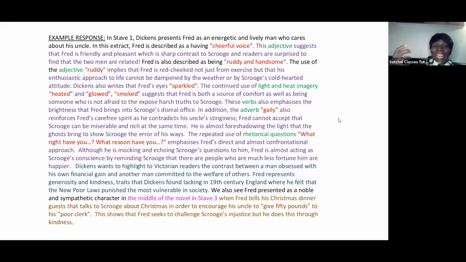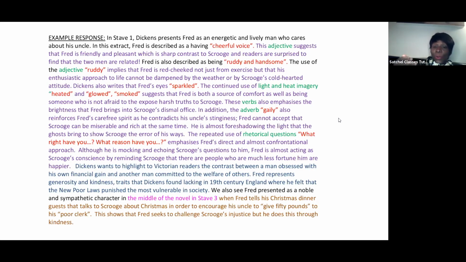The adverb gaily reinforces Fred's carefree spirit, and it contrasts with his uncle's stinginess. Fred can't accept that Scrooge can be miserable and rich at the same time. And this is almost foreshadowing the light that the ghosts bring to show Scrooge the error of his ways.